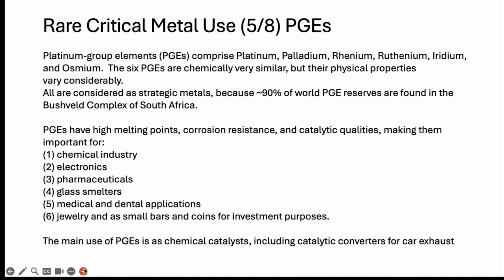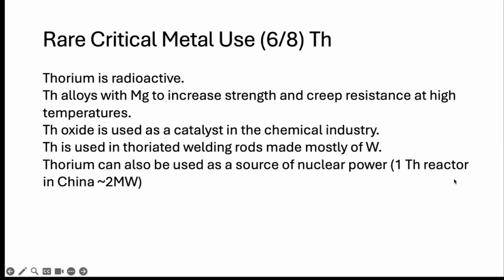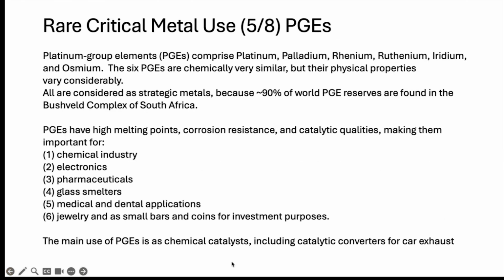There comes the Bushveld complex again. They have high melting points, are very corrosion resistant, and have catalytic qualities. Everybody's heard about thieves getting under cars and stealing catalytic converters for the platinum in them. So there's a wide range of uses there.